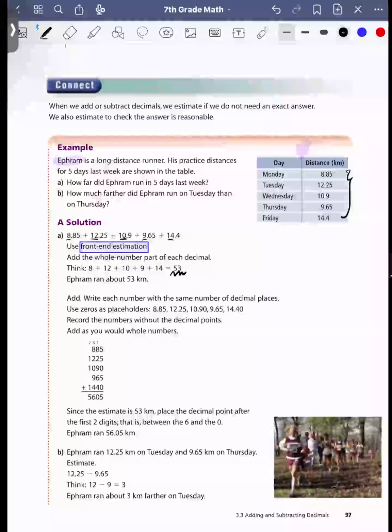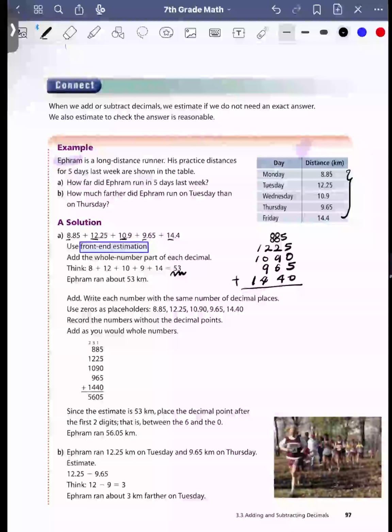그쵸? 그 다음에 just to remove the decimal point, we're going to multiply 100 to all these decimals. Then it's going to give us 885, 1,225, 1,090, 965, and 1,440.